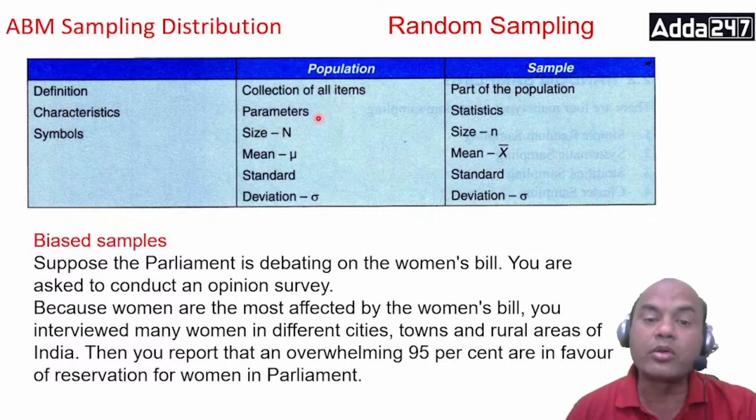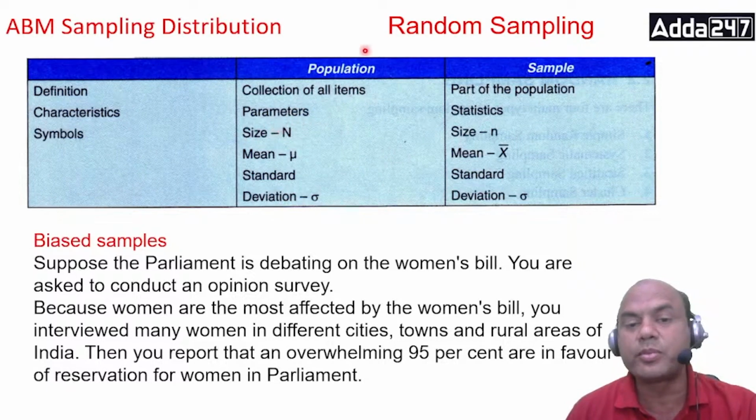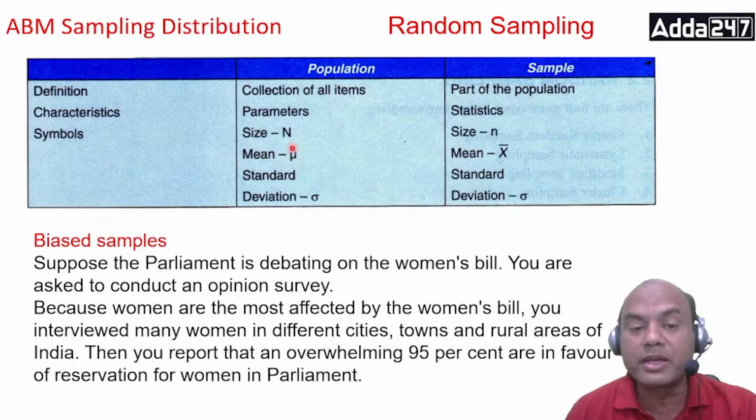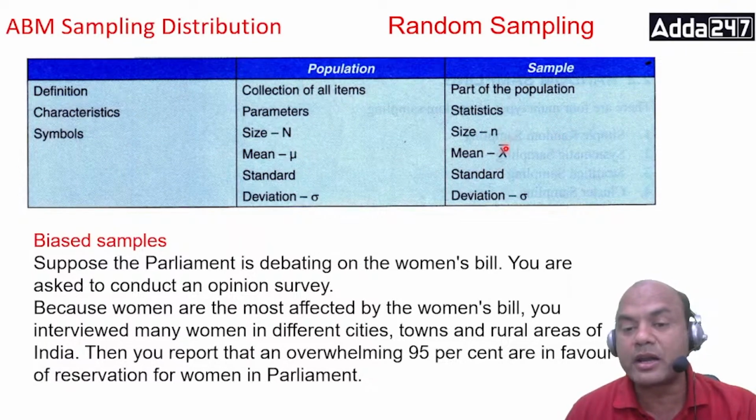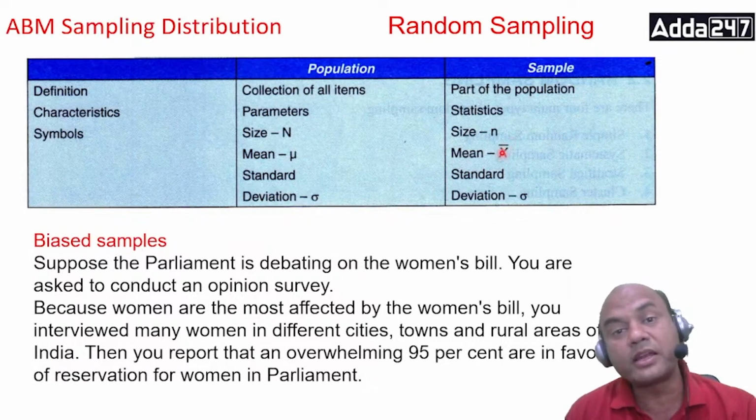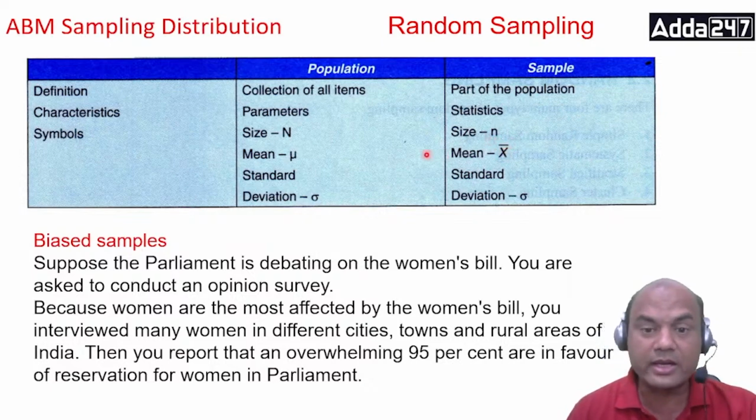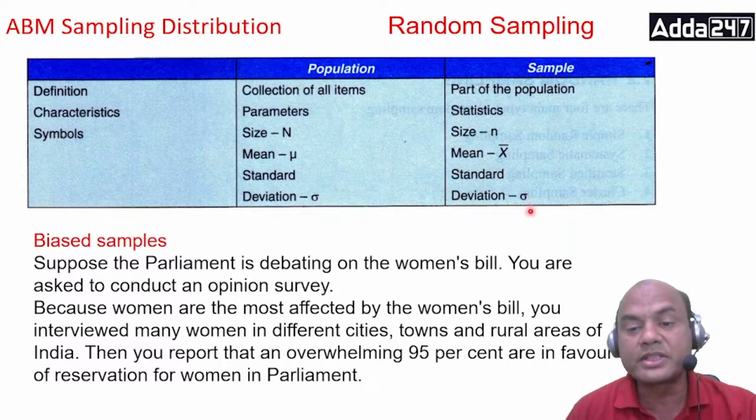Now how are they defined? Look at this. Size is always given as capital N for population. Small n is always for sample. Mean of population is shown as mu. Remember, this is called mu. And mean of sample is always shown as x bar. You will see this when I take the problems. Okay, there it's very important. Standard deviation is given as psi. This is called psi.